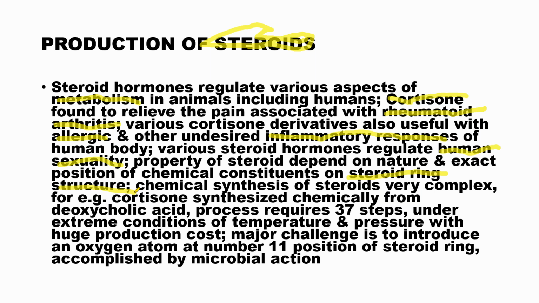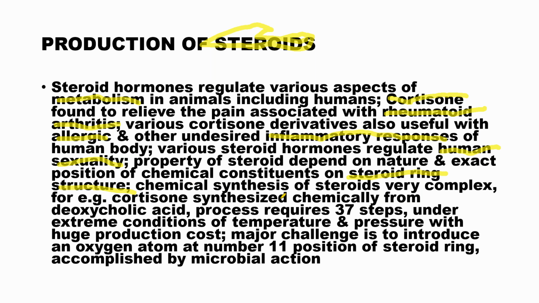For example, if hydrogen is present in the second position, or maybe a hydroxyl group is present in the fourth position of the steroid ring. So based on that, we can generate an idea about the nature and property of steroids.